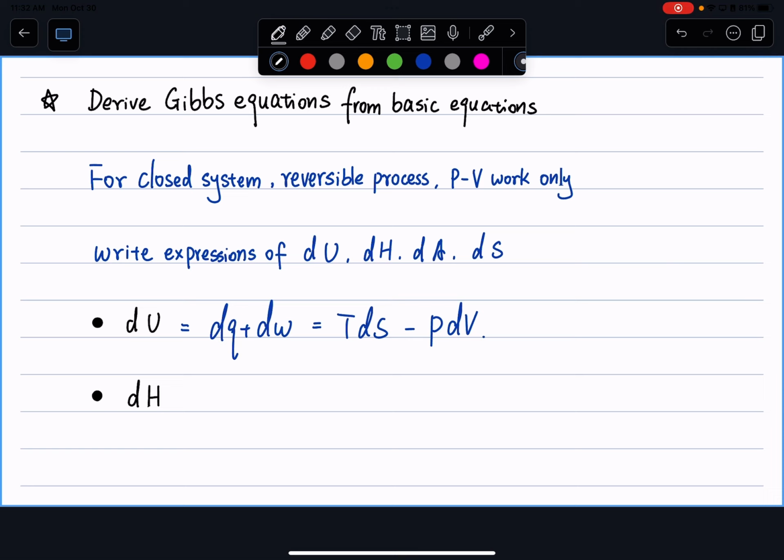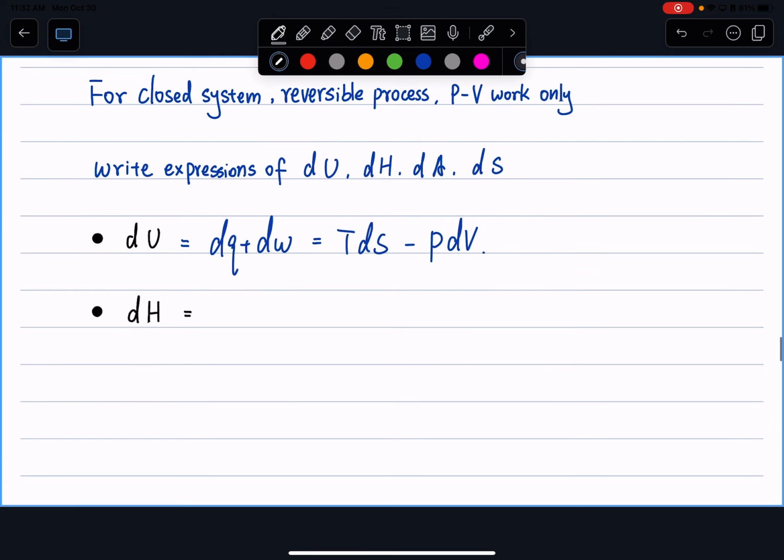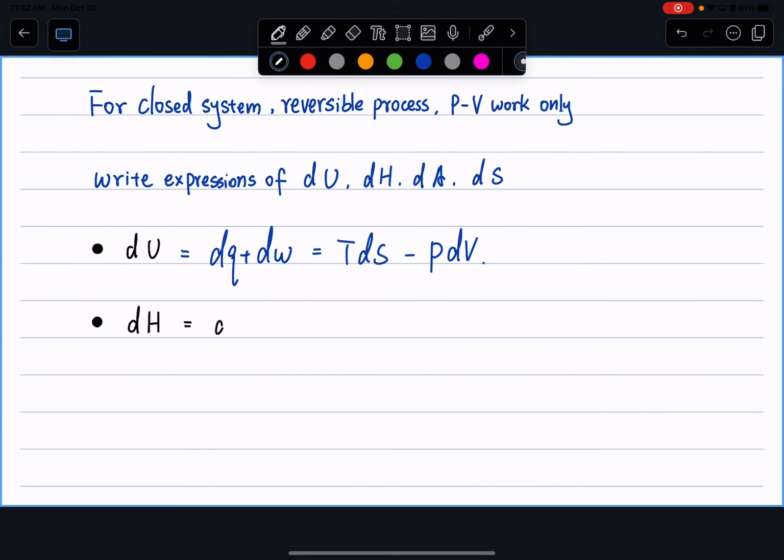Now if we write dH, by definition we have H equals U plus PV. Rewriting using calculus, we have dH equals dU plus PdV plus VdP.